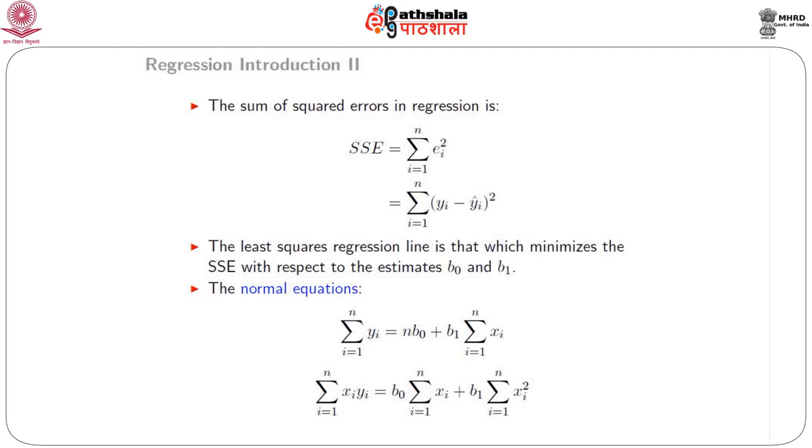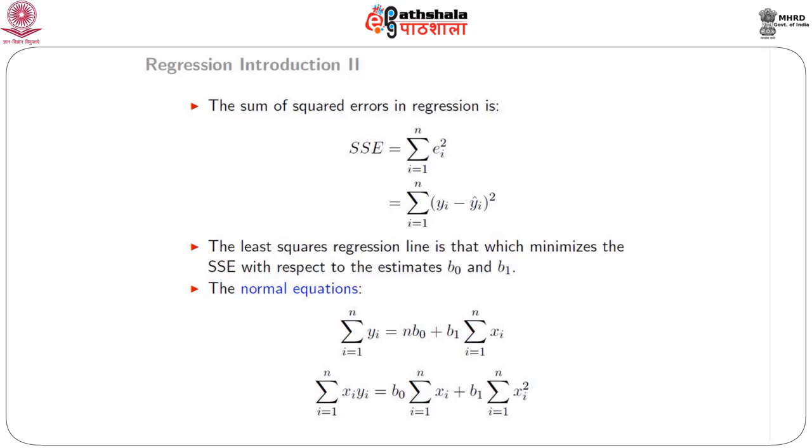The error term y i minus y i hat is for the ith observation, where y i is the actual observation and y i hat is the predicted value based on the regression model.